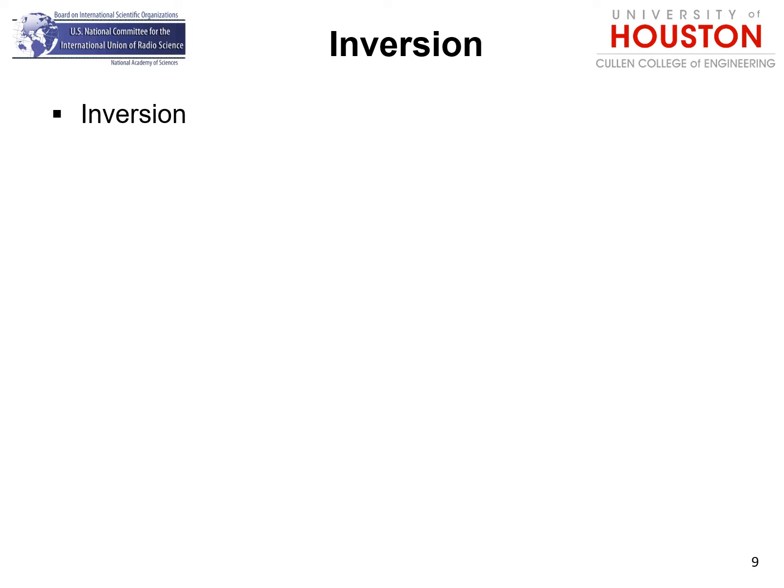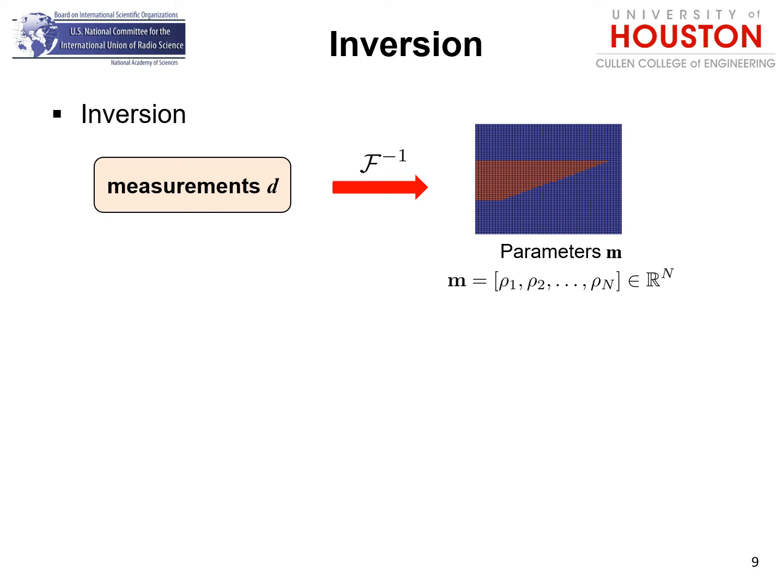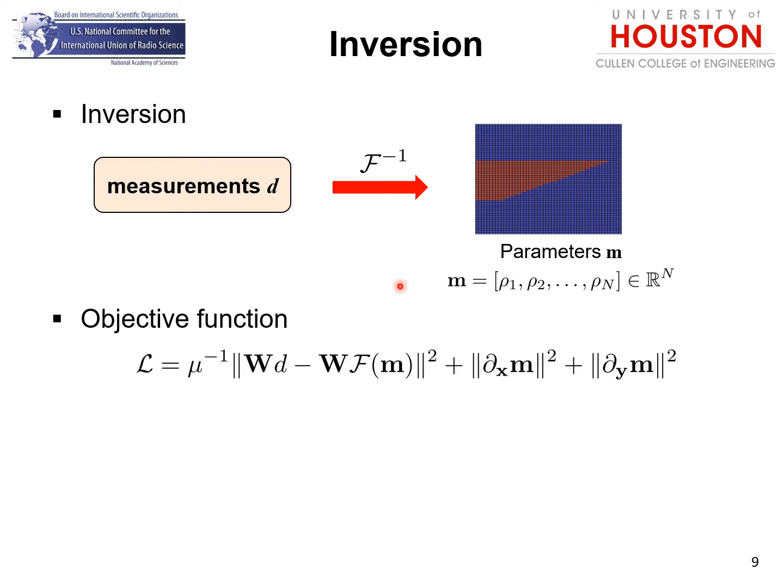Then I will briefly talk about the inversion. The inversion is an inverse procedure of the forward modeling. So we have the measurement data, and then we can use these measurements to figure out the model parameters.